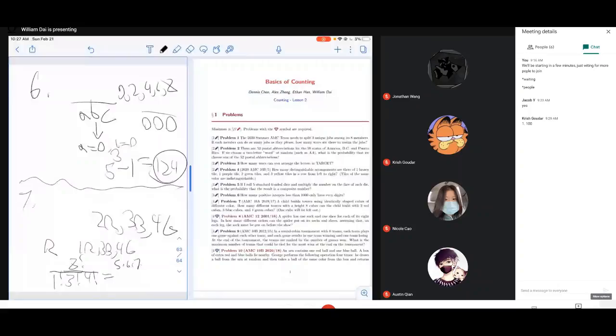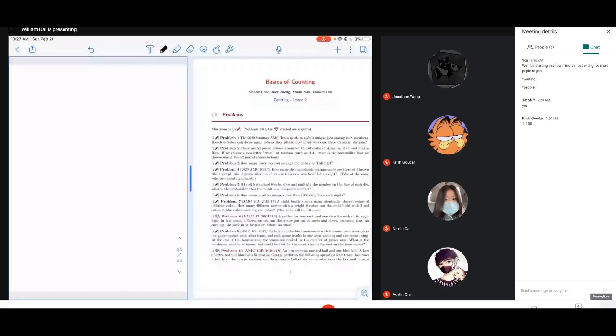If we leave out a blue, we have two reds, two blues, and four greens. That's 8 factorial divided by 2 factorial divided by 2 factorial divided by 4 factorial, and this is just computation, which gives 420.